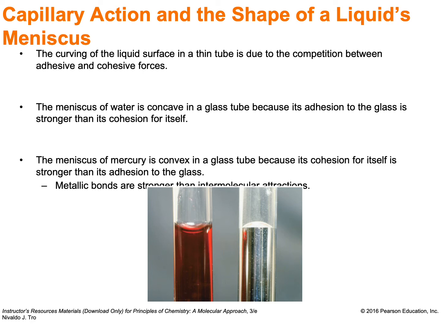The meniscus of water is concave because its adhesion to the glass is stronger than its cohesion to itself. The opposite effect takes place for mercury because mercury has a stronger cohesion to itself than its adhesion to the glass.